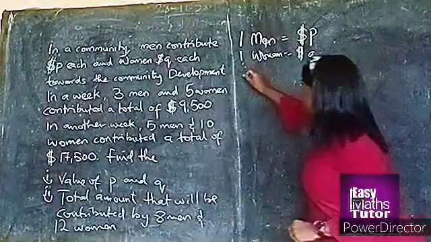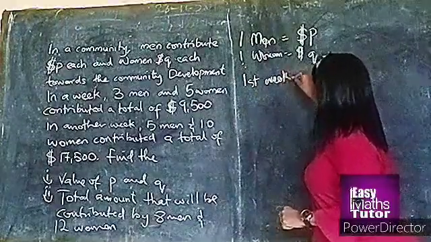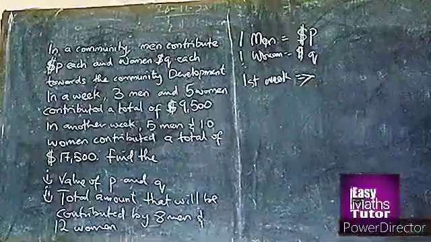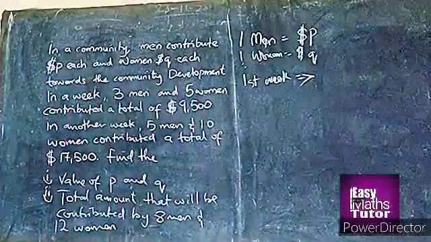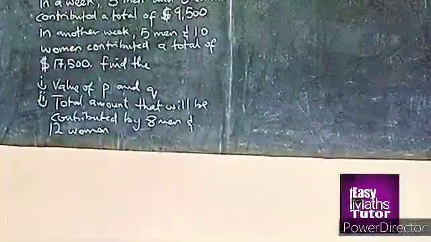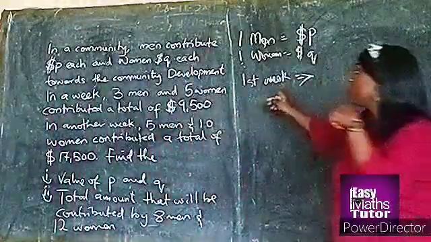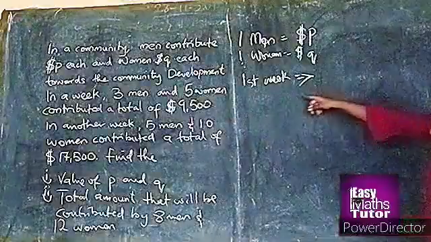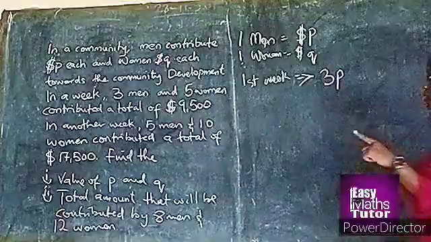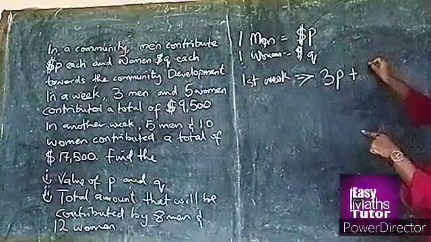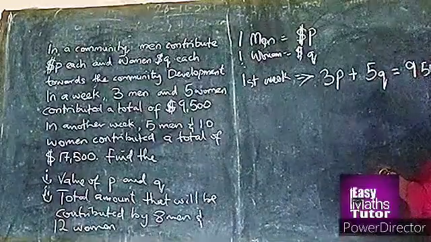In the first week we have 3 men and 5 women, so 3 men is 3P, plus 5 women, 5Q, giving us 9,500.